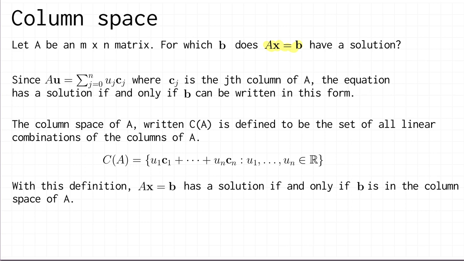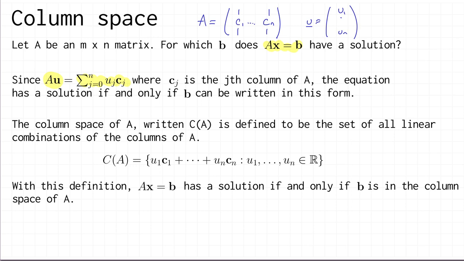So specifically, if you give names to the columns of A, so if we call the first column c1, the second column c2, and the last column cn, and if we let u be a column vector, u1 down to un, then you know that if you do the matrix multiplication A times u, the result is u1 times the first column of A plus u2 times the second column, and so on up to un times the last column. And we called an expression like this a linear combination of the columns of A.